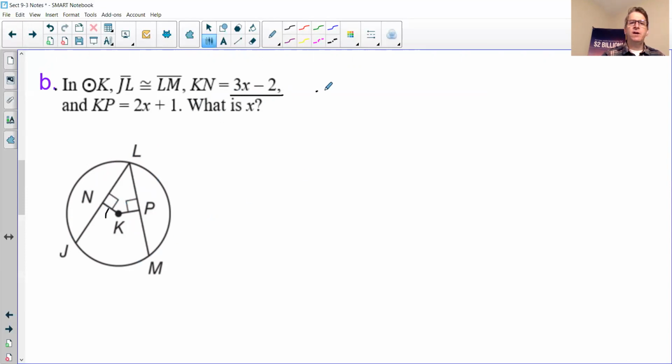So that puts me at 3x minus 2 has to be equal to 2x plus 1. We're starting out with the chords are congruent, and you've got your perpendicular lines here, so we can conclude that segment KN is congruent to KP.